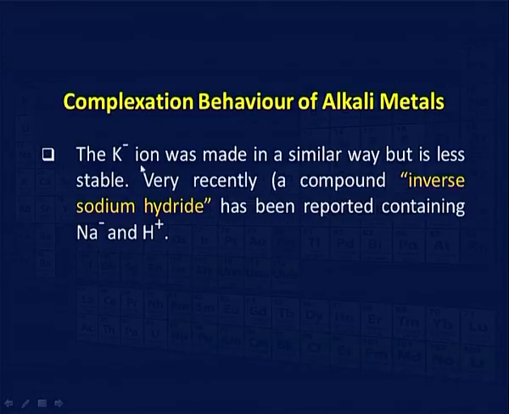There has also been very recently a formation of inverse sodium hydride, with Na negative and H positive. By creating those types of conditions, this has been prepared very recently, but generally this chemistry is very new and beyond the scope of the students.